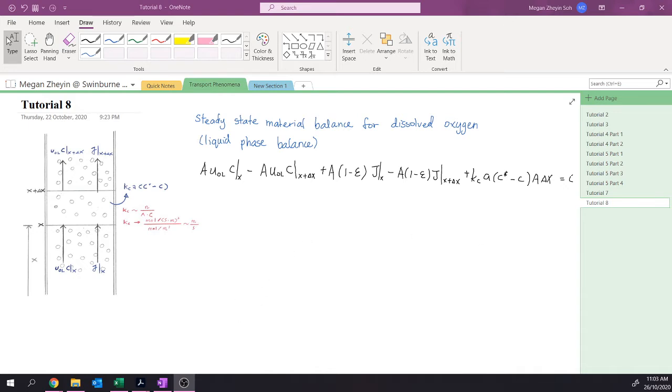So for part A, this is what it looks like. Okay. So you have your liquid and your bubble being aerated.